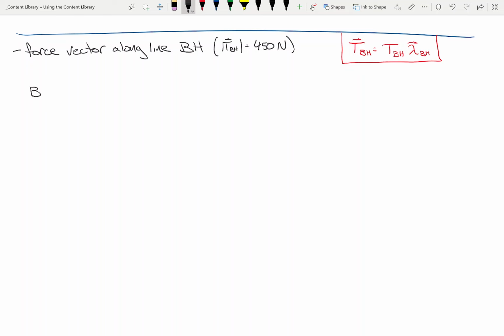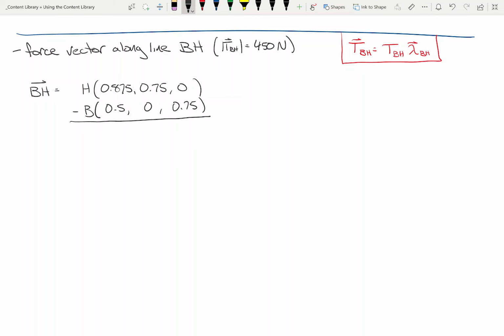So, BH is, we take H and B and we subtract them. H is 0.875, 0.75, and 0. This is 0.5, 0, and 0.75. Right?